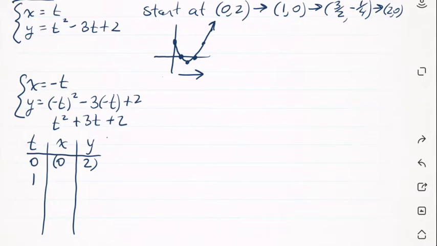So when t is equal to 1, we plug it into the x equation and we're going to get negative 1. If we plug t equals 1 into the y equation, we're going to get 1 plus 3, which is 4, plus 2 is 6. And we're going to get the coordinate negative 1, 6. So this graph is going to do the other part of the parabola. It starts at 0, 2, and then it's going to go to negative 1, 6.